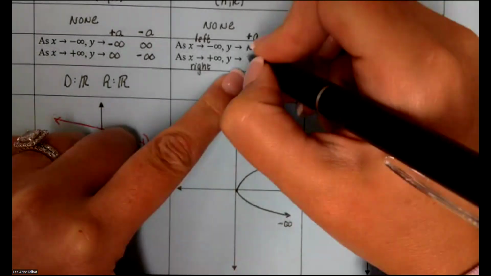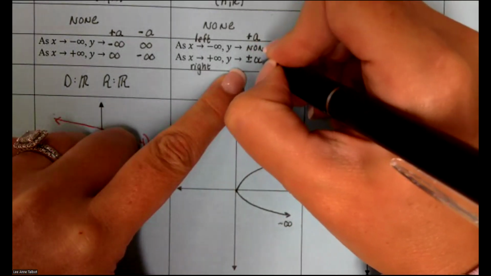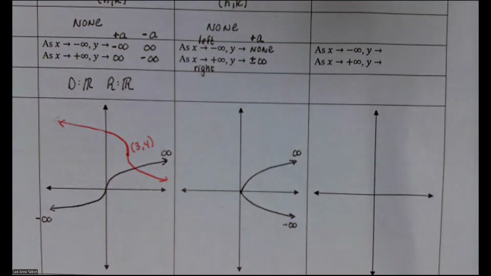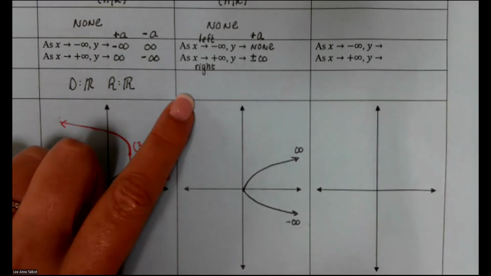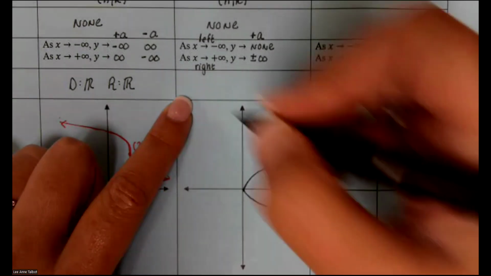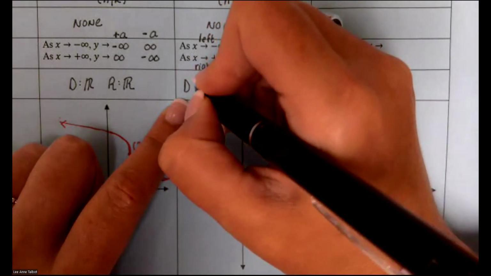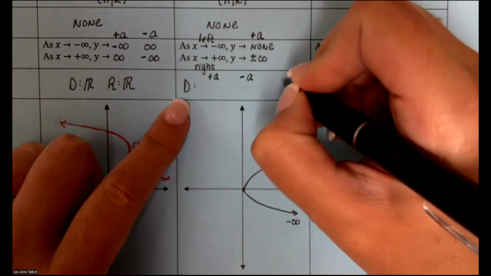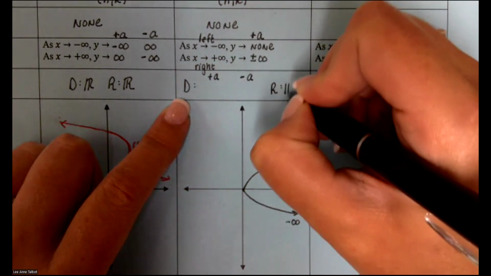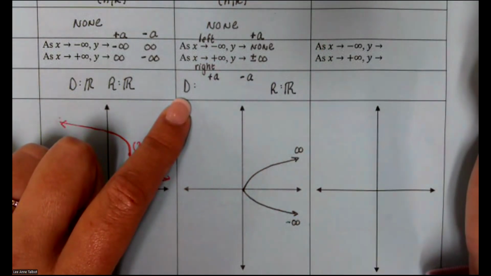So what I'm going to say for the right arrows is plus or minus infinity to count for both of those. Just like the plus or minus we did in our roots. Okay. And the domain and range are flipped for a regular parabola. So the domain actually has two options. And the range is all real numbers every time.